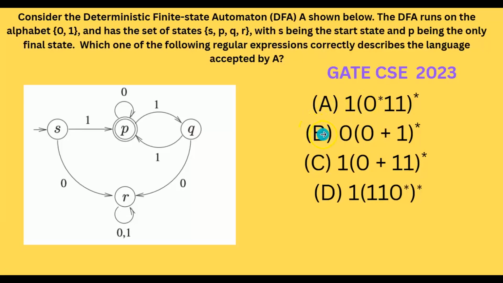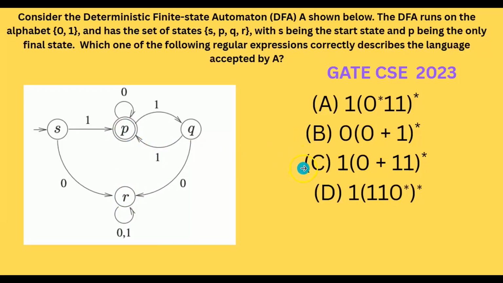And option B, it starts with 0. So on having 0 as an input, here from S to R, once you reach the state R, there is no way to reach the final state P. So this is not the right answer.